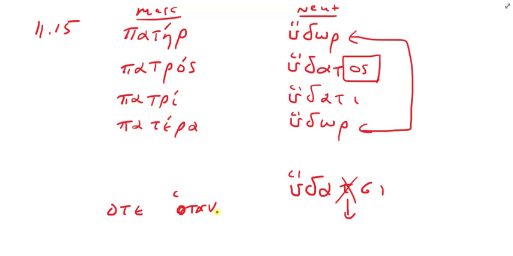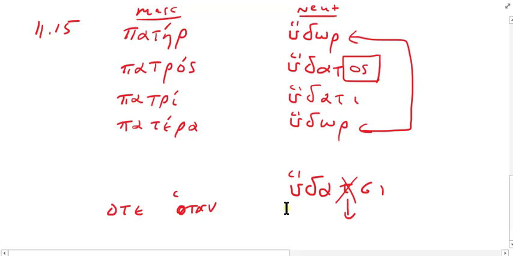Okay, so how many cases can the object of the preposition epi be in? 3. Oh, bless my soul. This, in my opinion, is the most difficult preposition to get a handle on, because these translation equivalents here don't even begin to exhaust all the ways that epi can be translated into English from Greek.